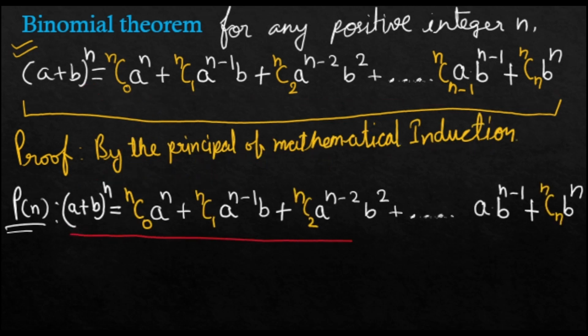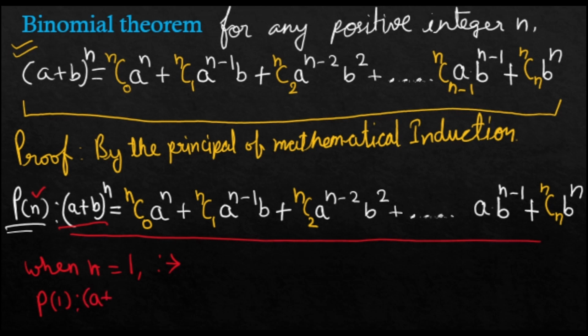In this equation, when n is equal to 1, as I put the value of n here, I will write 1 instead of n. P1 is such that I write the binomial expression a plus b, and in place of index n, I am writing 1.